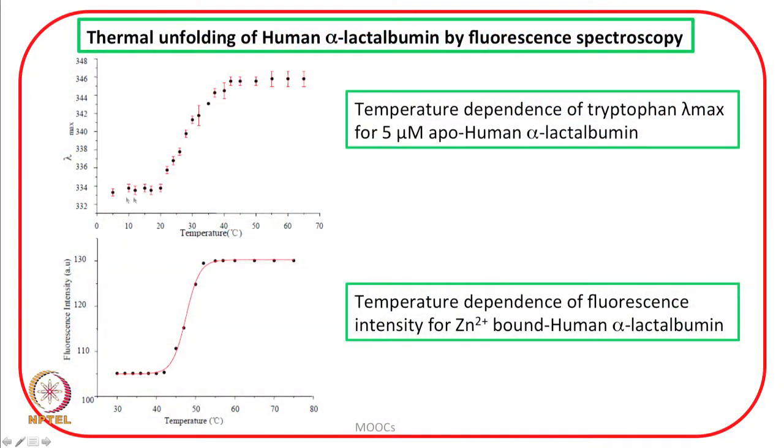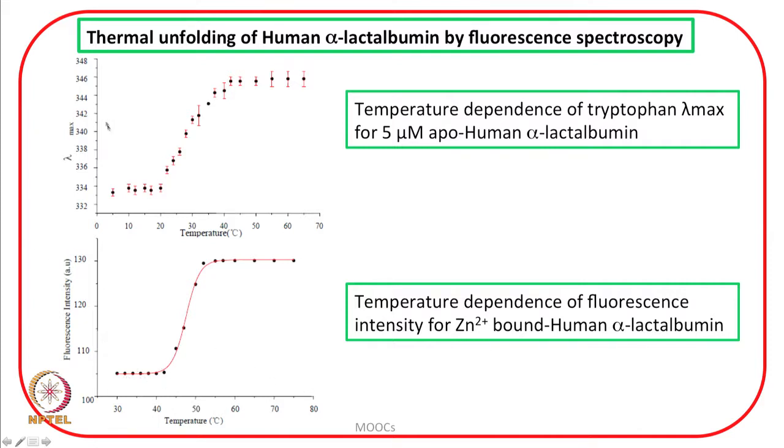The upper figure shows how the wavelength lambda max changes when the temperature is increased. As the temperature is increased, the wavelength increases, that means there is a red shift, and a sigmoidal kind of curve is obtained. In the lower panel is shown how the fluorescence intensity changes with increase in temperature.